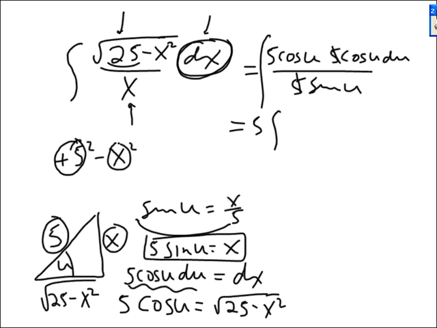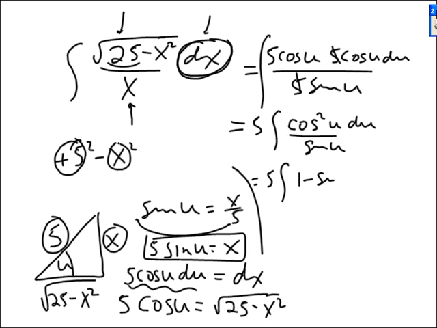What I would do is write cosine squared u as 1 minus sine squared u, times du, and then divide that by sine u.